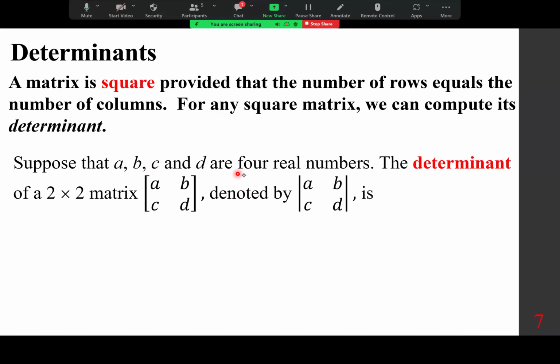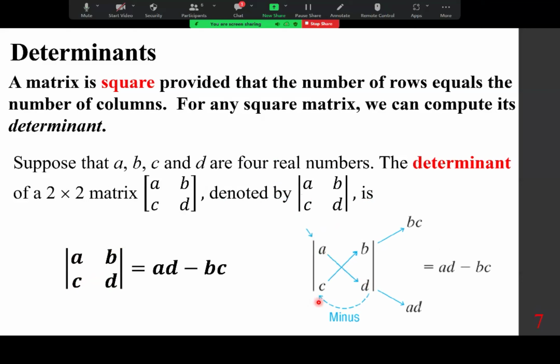Suppose that A, B, C, and D are four real numbers. The determinant of a 2 by 2 matrix A, B, C, D, denoted by, it looks like an absolute value sign, A, B, C, D, is the cross product as follows: AD minus BC. So take a look.